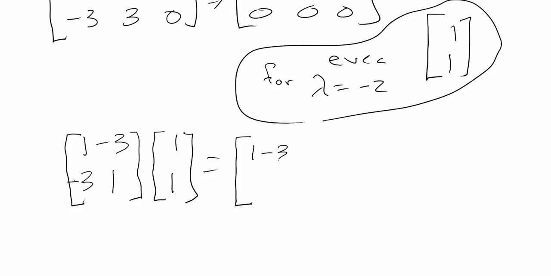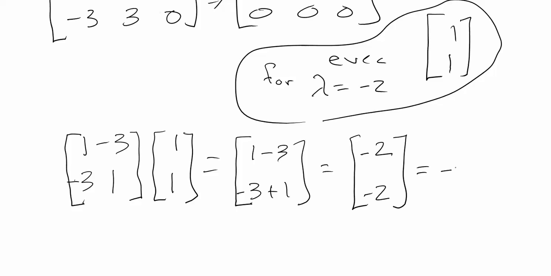1 minus 3, minus 3 plus 1, that's equal to minus 2, minus 2, which we can factor out the minus 2.